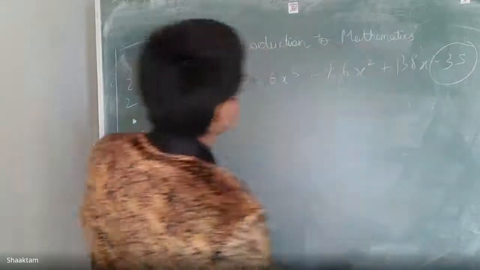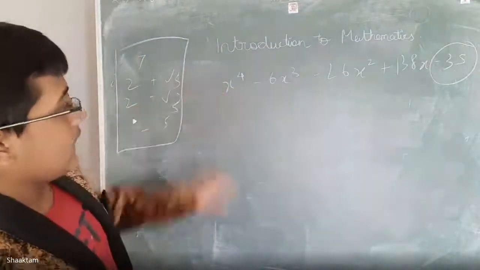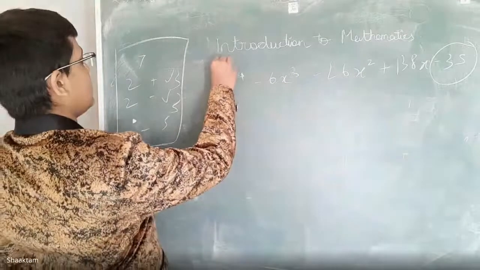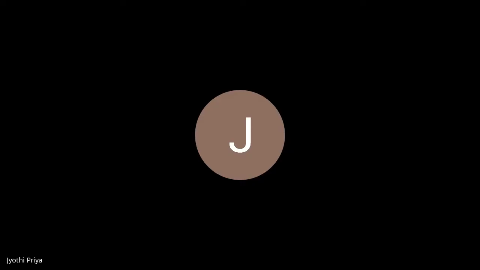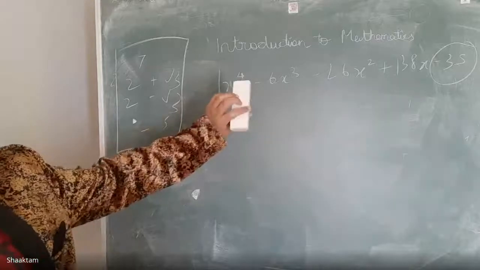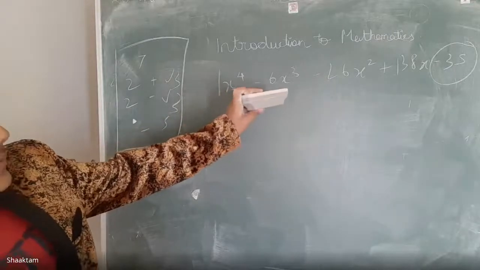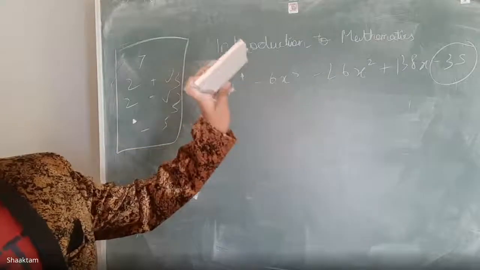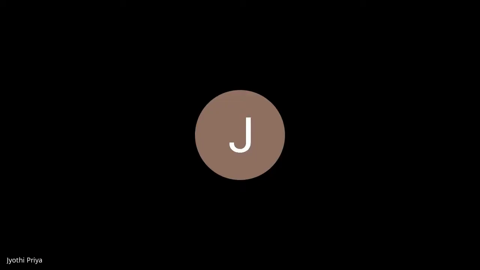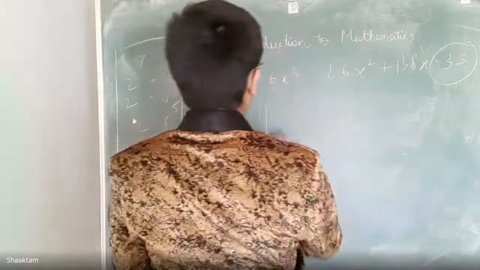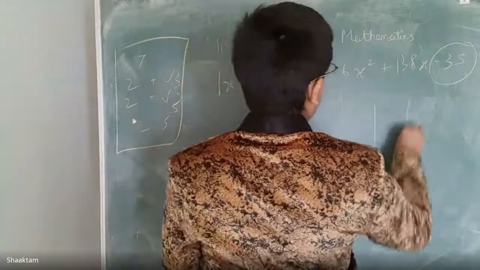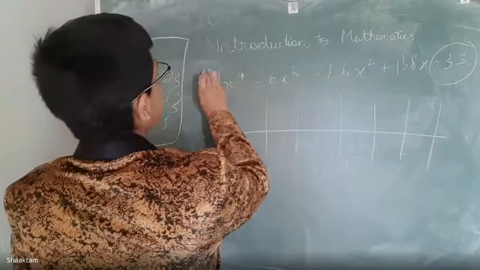So, see, if I put a 1 here, it will not change the value. So I can put 1x raised to 4 minus 6x cube minus 26x square plus 138x minus 35. Fine. Now let me take a table. Now let me list these numbers.